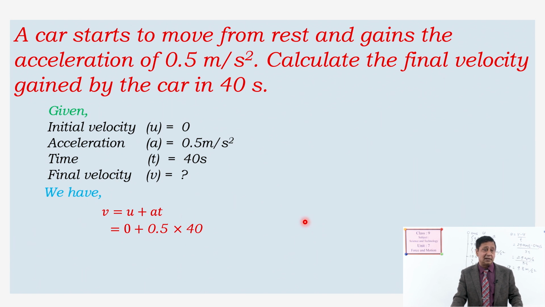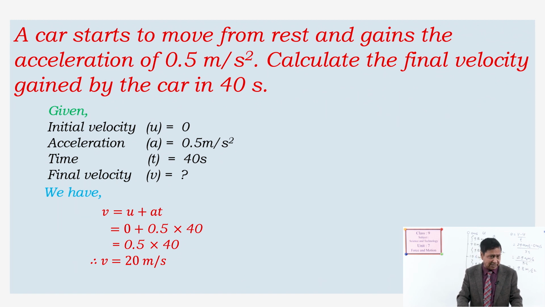If you can handle these units and go up to the answer with the unit, then okay. Otherwise, units are not necessary in the process, but in the given we have to write units, and at the end in the answer we have to write units, but in the process you can ignore the units. That's why I am not showing the unit here. Okay, next step, 0.5 into 40 becomes 20 meter per second, the final velocity.